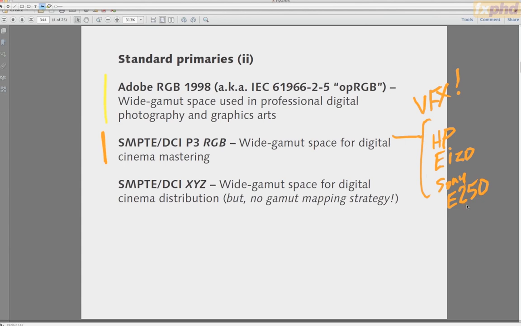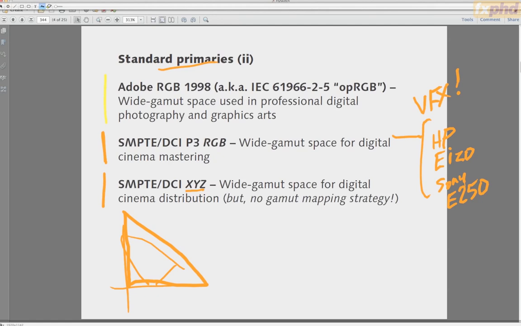They're direct view LCD displays, but the E250 is, of course, expensive. And the other standard wide gamut primary is DCI XYZ. Well, that's just the whole triangle and then some. But it has colors that are non-physical.